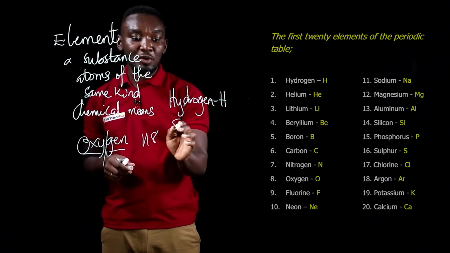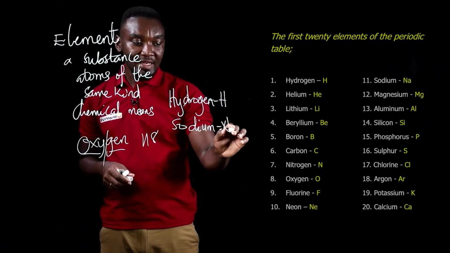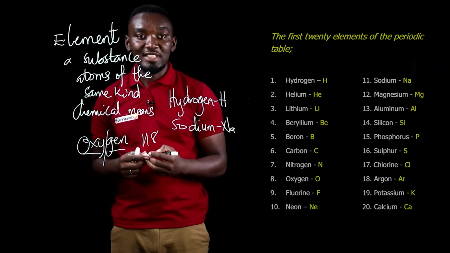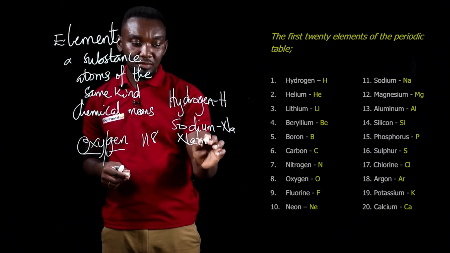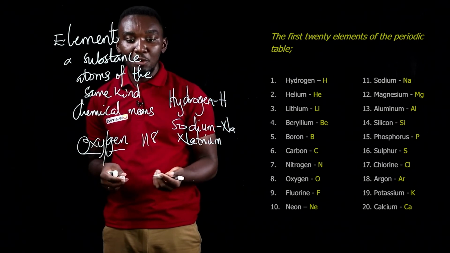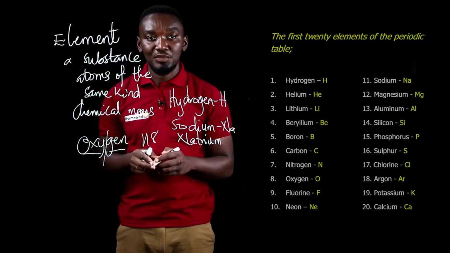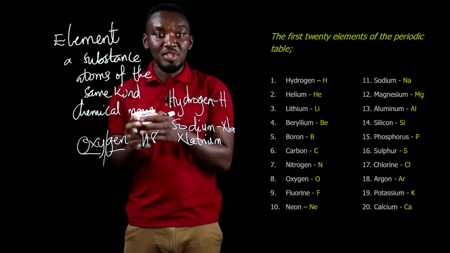For example, sodium has the symbol Na, which stands for natrium, the Latin name for sodium. Potassium has the symbol K, which stands for kalium, because we also have phosphorus, which has the symbol P.